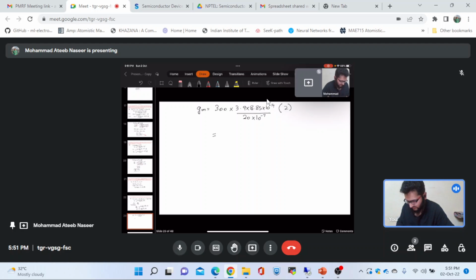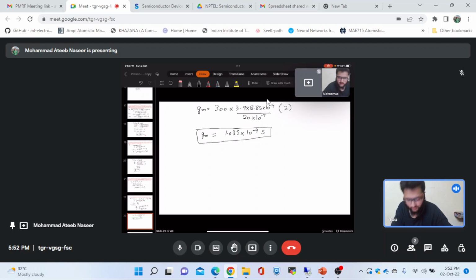So it will come out to be equal to 1.035 into 10 to the power of minus 4, and if this is 10 to the power of minus 3, this will be in Siemens. This will be the GM.